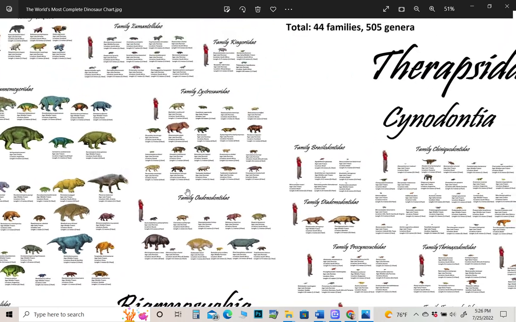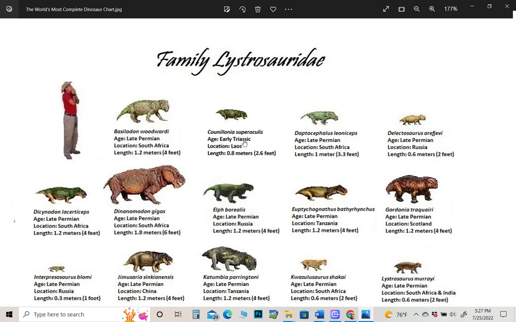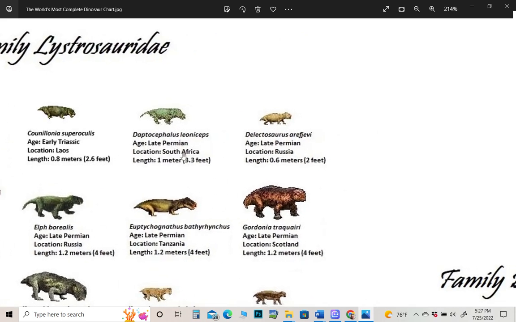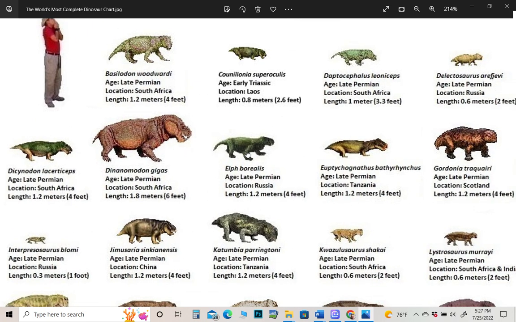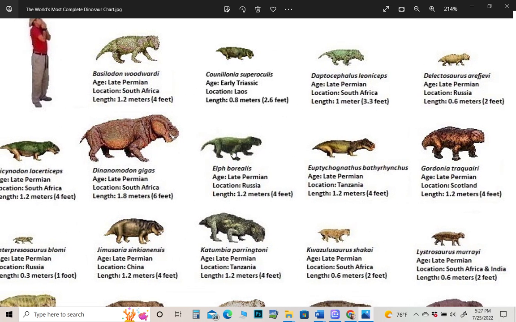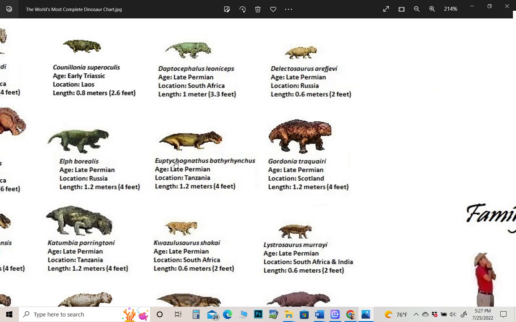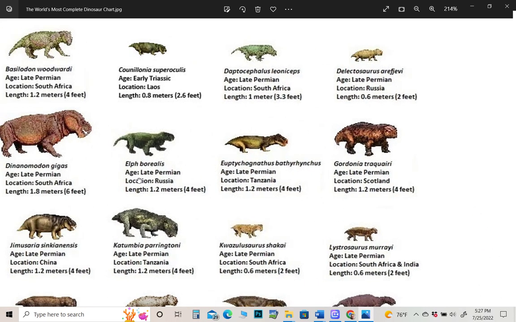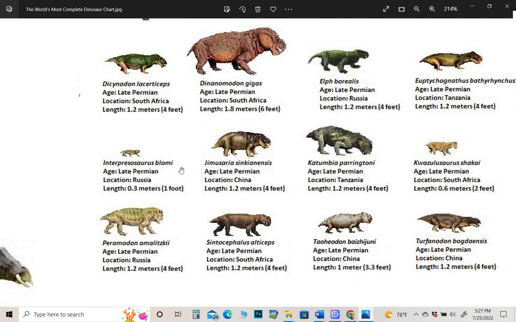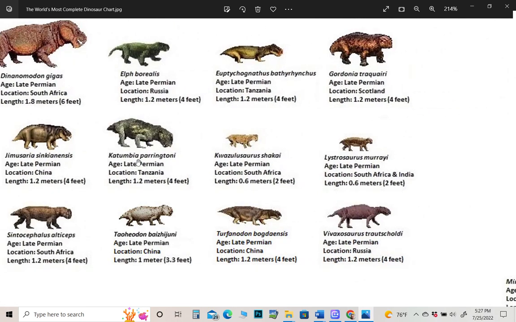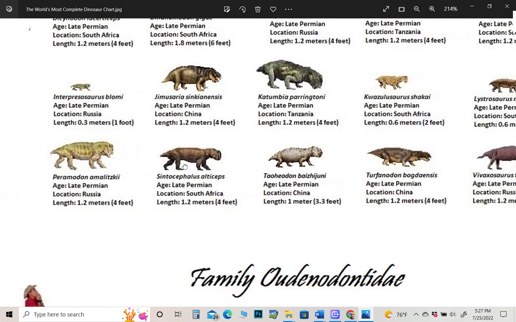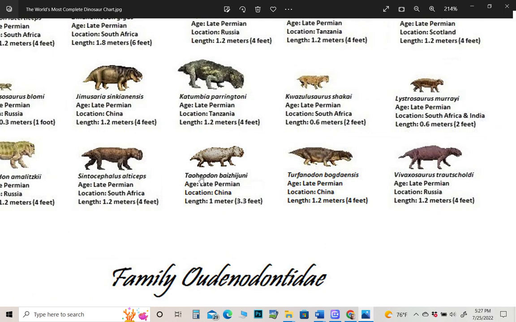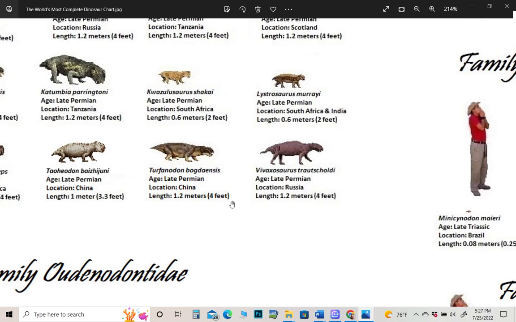And then we have over here the Lystrosaurids: Basilodon, Canolonia, Daptocephalus, Delectosaurus, Diphanodon, Dynanomodon, Elf, Euptychocanathus, Gordonia, Interpressosaurus, Jimusaria, Catumbia, Quazulusaurus, Lystrosaurus, Paramodon, Syntocephalus, Tauhiodon, Terphanodon, Vivaxosaurus.